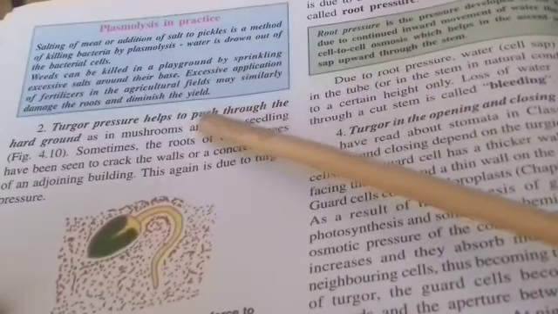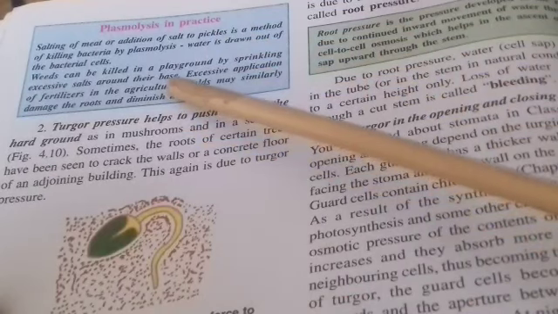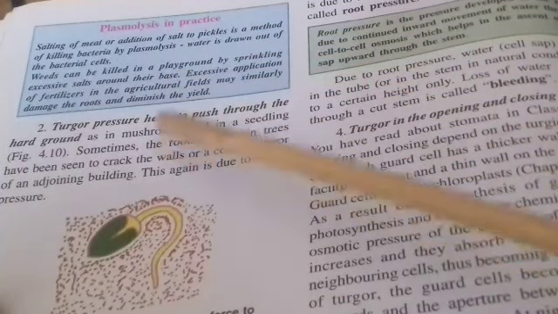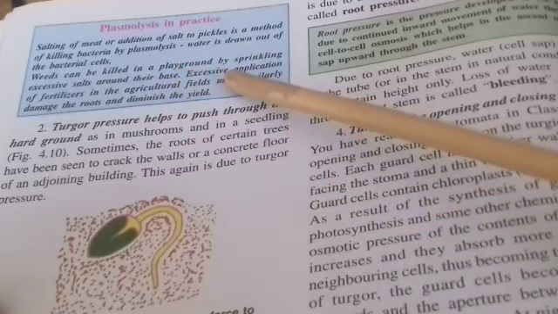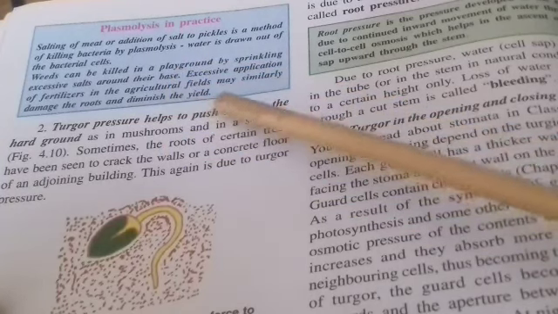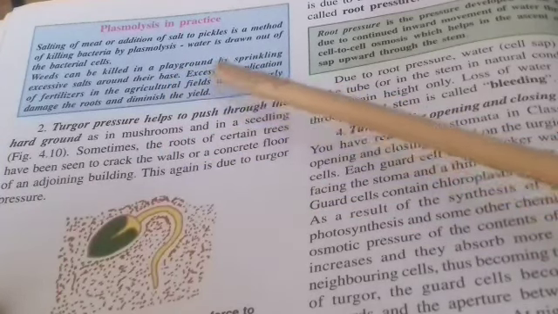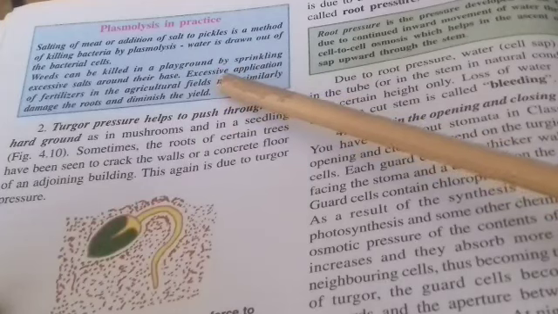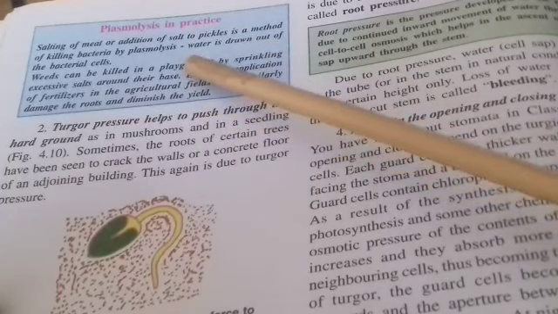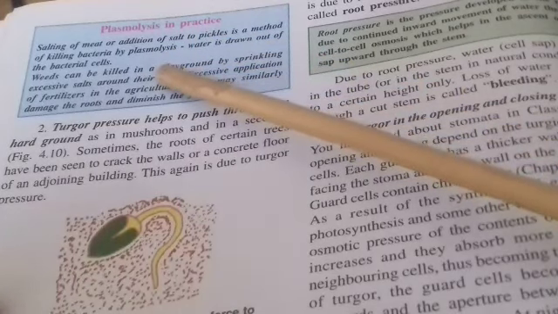Now you have to recall the process of plasmolysis. In plasmolysis, what happens? It is the opposite of turgidity. That is, the water content of the cell is lost due to exosmosis, when the surrounding solution is hypertonic. So now the biological applications of plasmolysis.